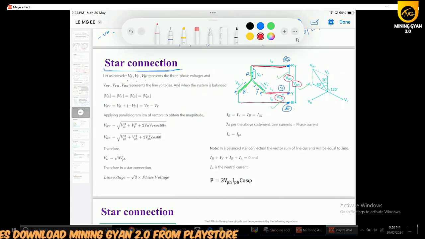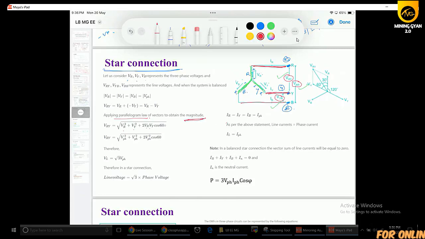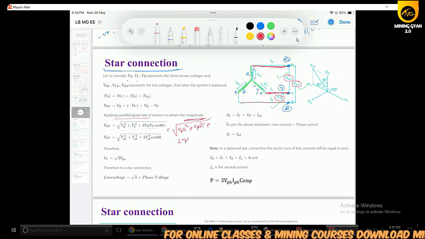Then how to calculate the magnitude of VRY? By using the parallelogram law, that is under root of VR square plus VY square plus 2 VR VY cos 60. That will be V phase square plus V phase square plus 2 V phase square times cos 60, because VR is V phase and VY is V phase.